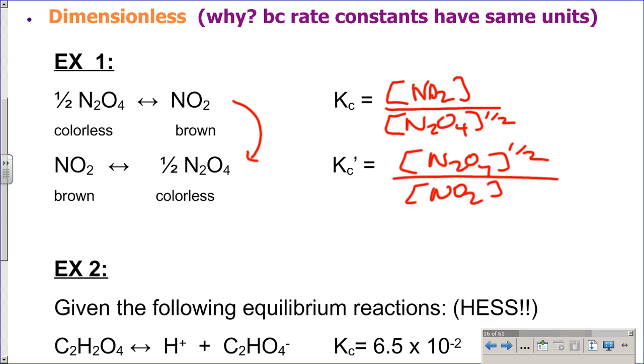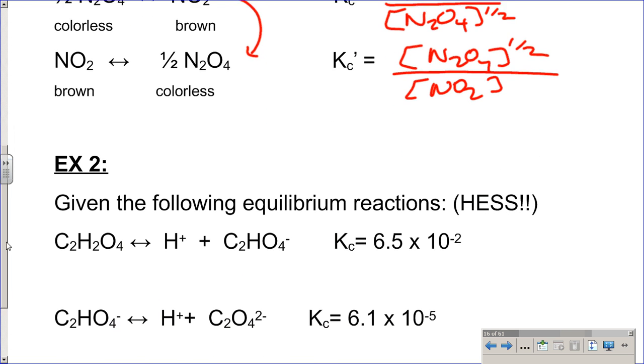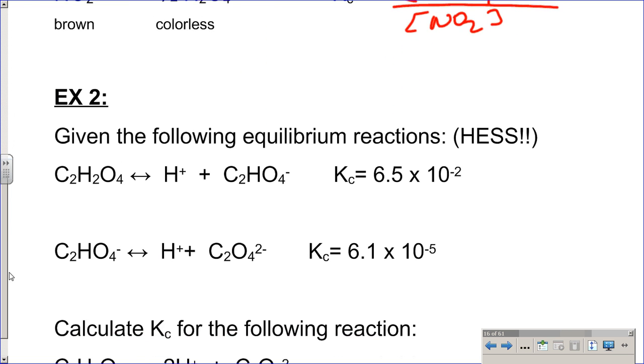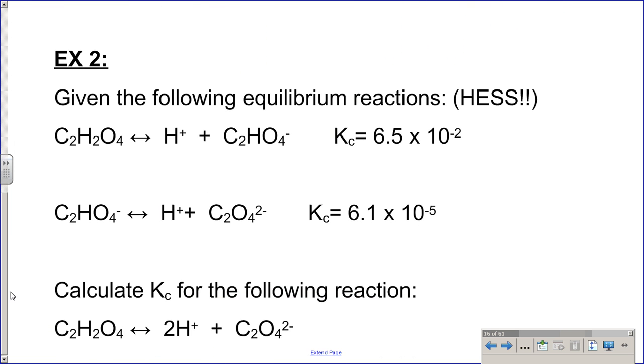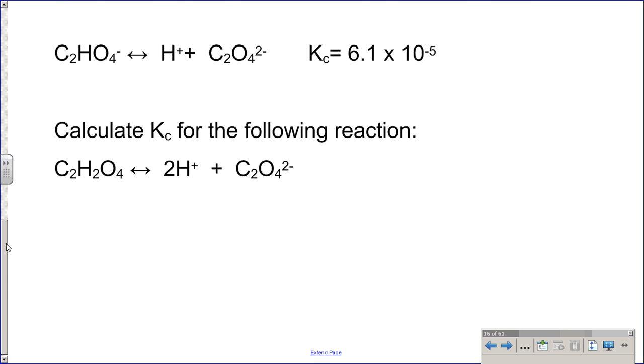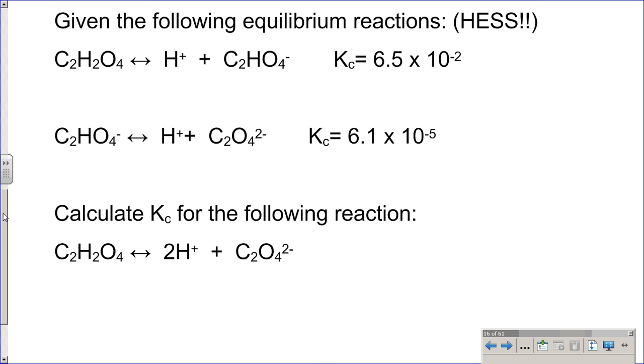For the next example, they're actually giving you the actual values. Given these following equilibrium reactions, calculate the Kc for the following reaction. What do you see that is similar between these? The first two reactions.